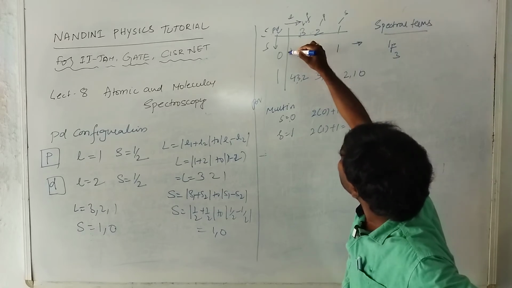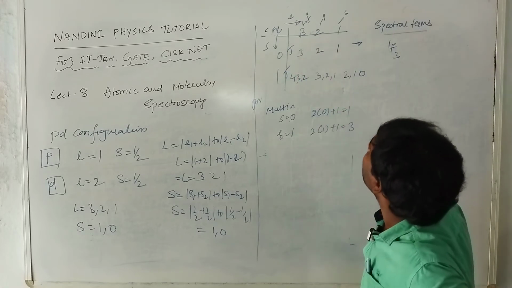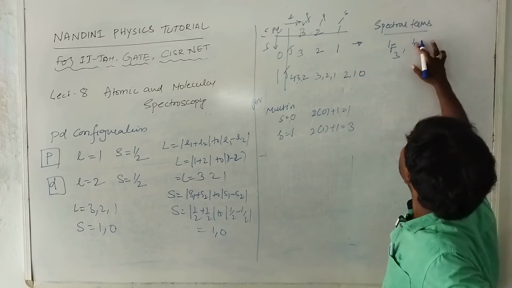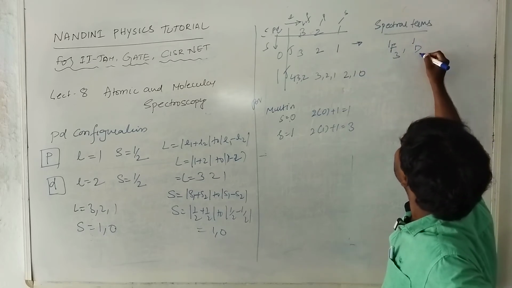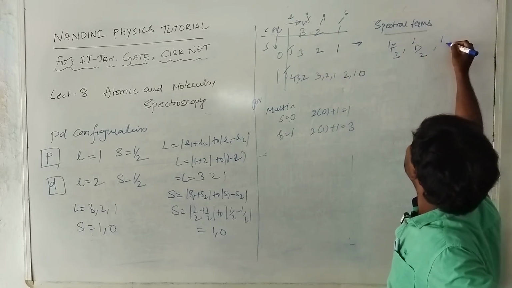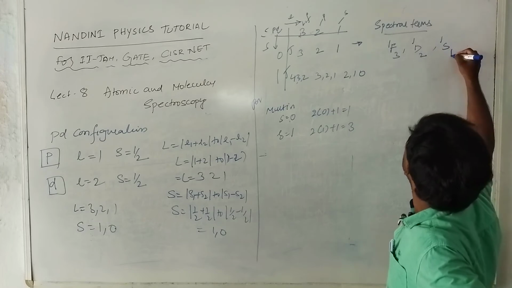So this is 1P, 1D with total angular momentum 2, and 1S with total angular momentum 1.